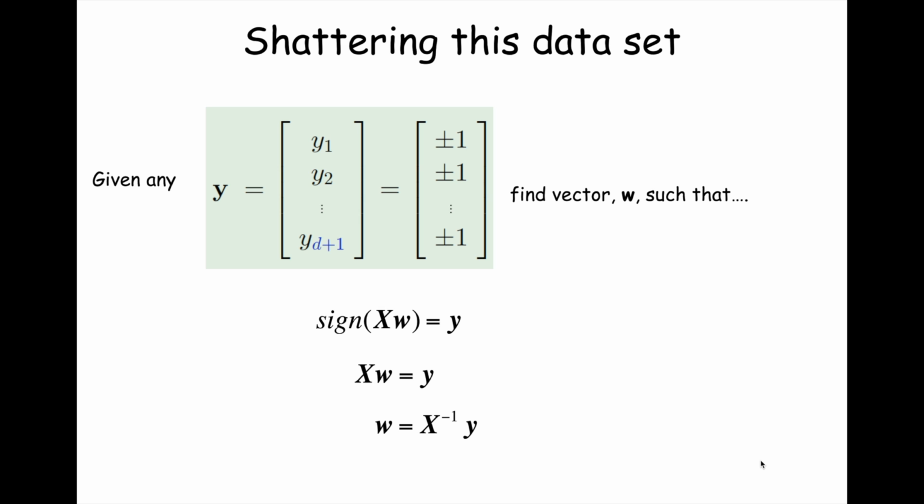So I have y1, y2, y3, etc., up to and including y sub d plus 1. So I collect them all together as a column vector of labels, and I call that my vector y, right? And so for y, I can assign any possible labeling, +1 or -1, in each of the d plus 1 positions of my column vector y. Does that make sense? Yes.